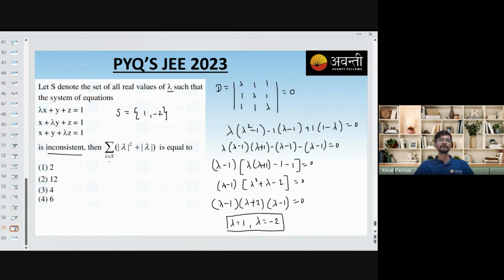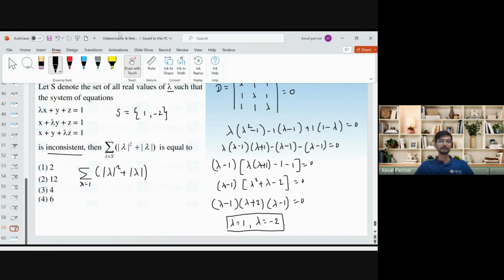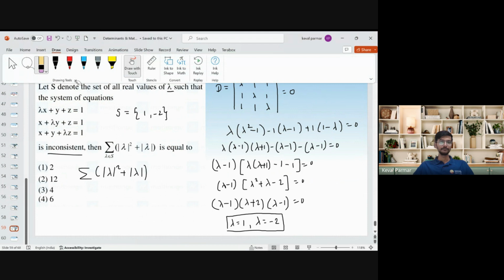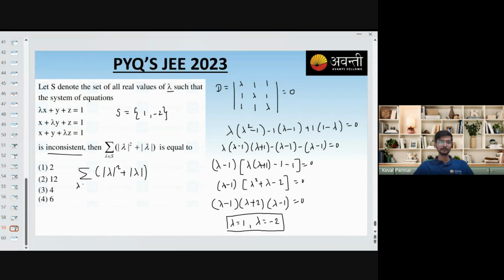Then if you want to find its summation, the summation of lambda square plus mod lambda, where lambda belongs to S. That means lambda equals to 1, comma, minus 2.